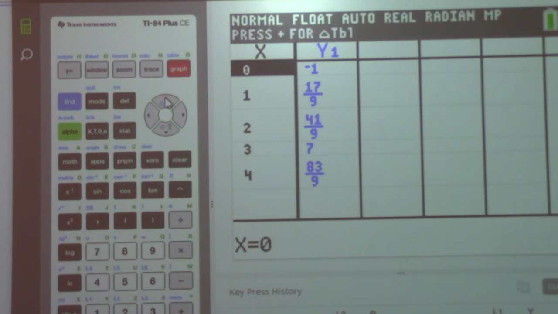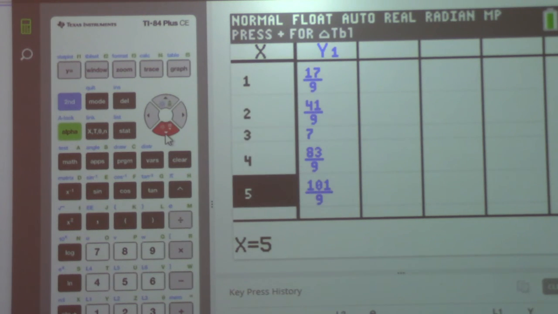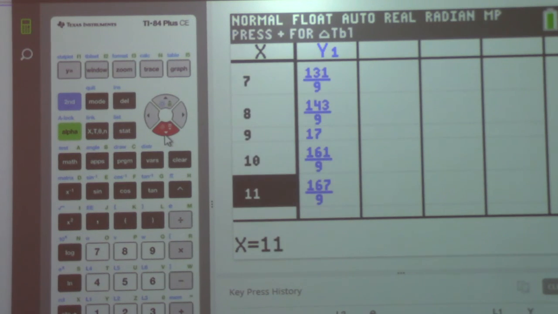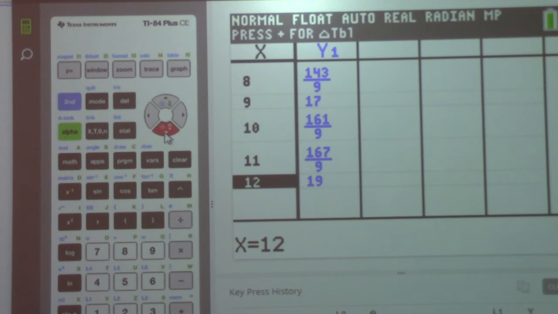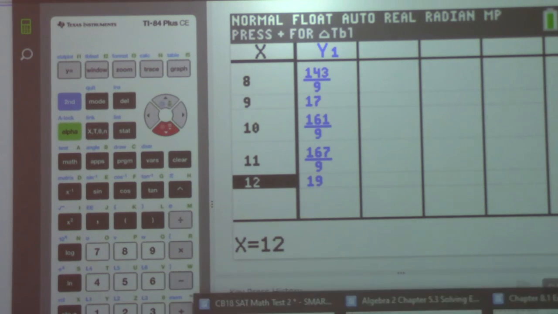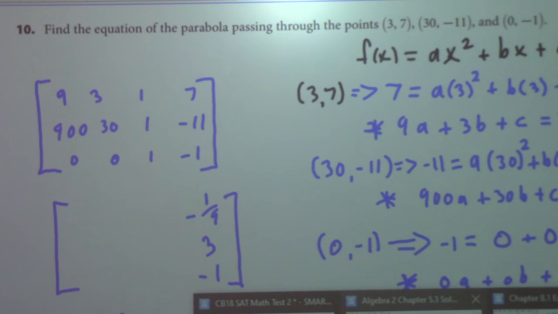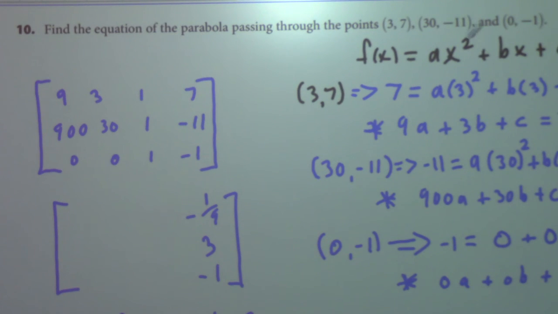So we had 3 as an input, we got 7. What other inputs do we have here? We had 30 as an input, we got negative 11.